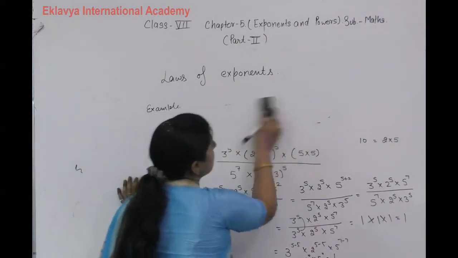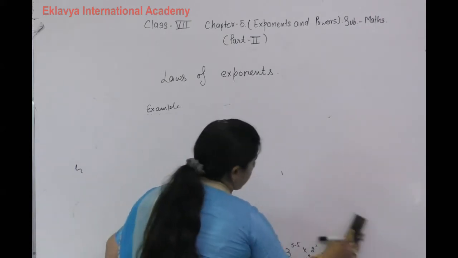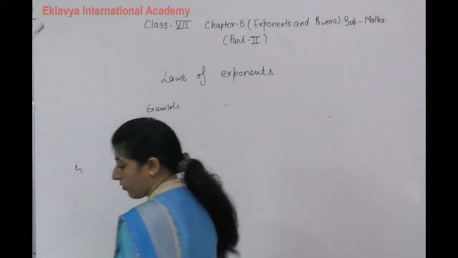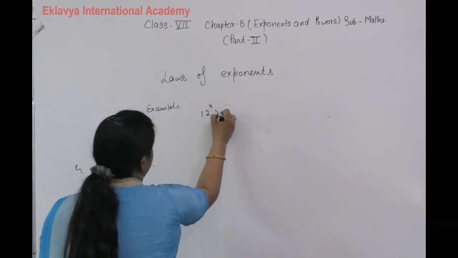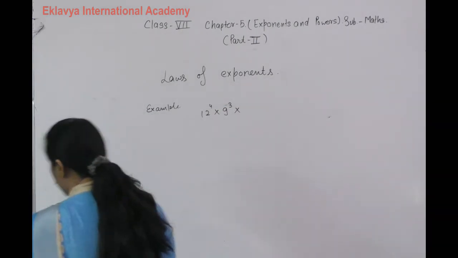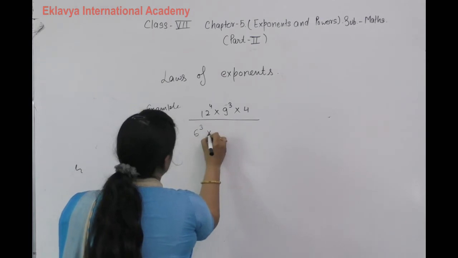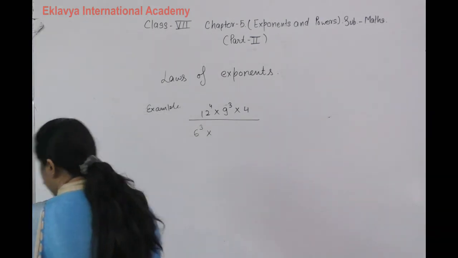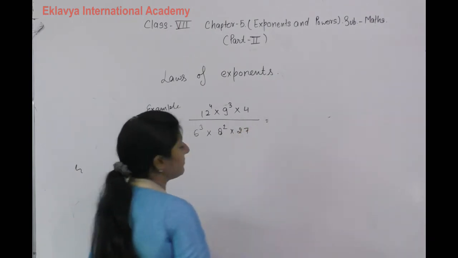Another example, see. 12^4 multiply by 9^3 multiply 4, divided by 6^3 into 8^2 multiply by 27.